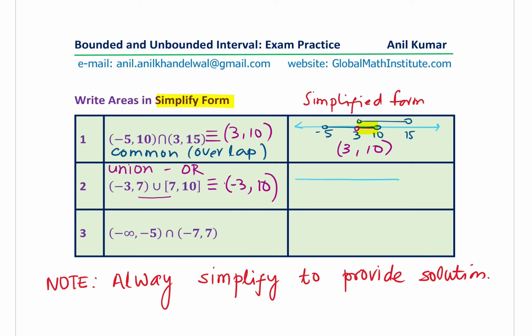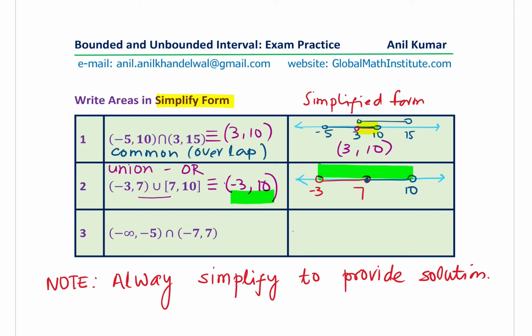On a number line, if I have to show this, the first part is from -3 to 7. So that is -3 and this is 7. The second part of this is from 7, where 7 is included, filled in, to 10. You get the idea. So the solution here is all in between. Perfect, as shown here in the interval notation. So that is how you're going to do it.